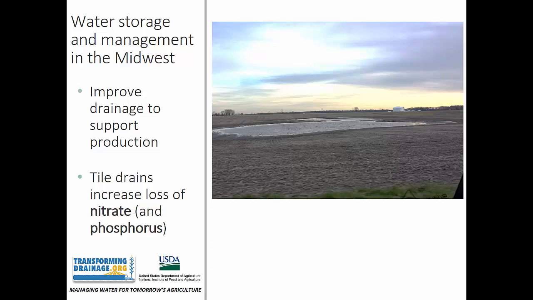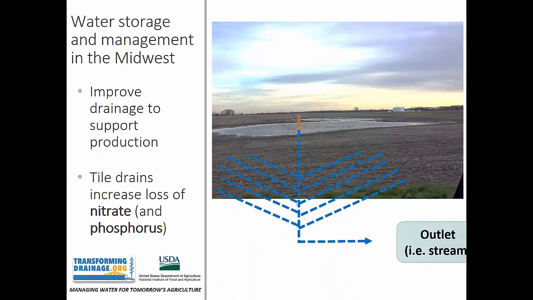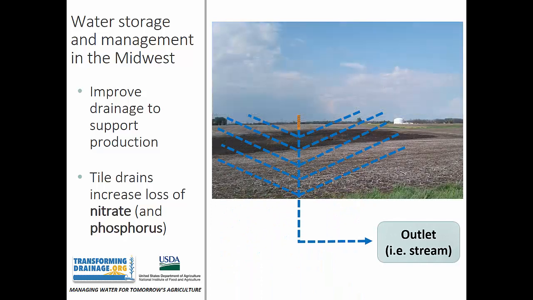However, as crop production intensified across the region, these areas of water storage required tile drainage to be able to support crop production, both in terms of farm management activities as well as avoidance of any stresses on the crop itself. However, this has come at a cost, and this cost has been an increase in nutrient delivery downstream, both in regards to nitrogen as well as phosphorus.